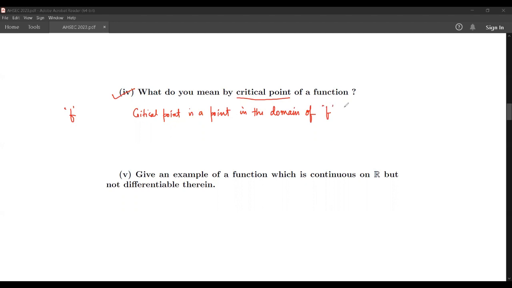Let us say critical point, say C, is a point in the domain of f such that if you take the derivative at this point, it gives you 0. So this C which satisfies this equation is called your critical point. Very simple.